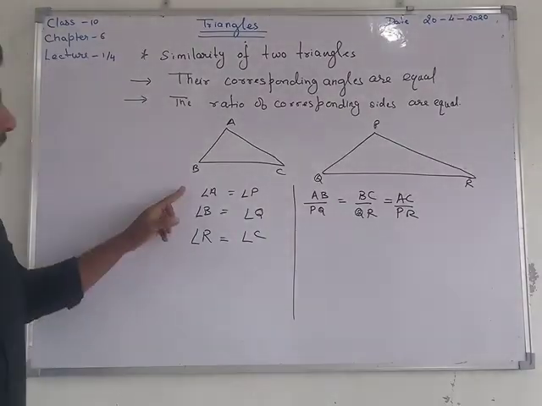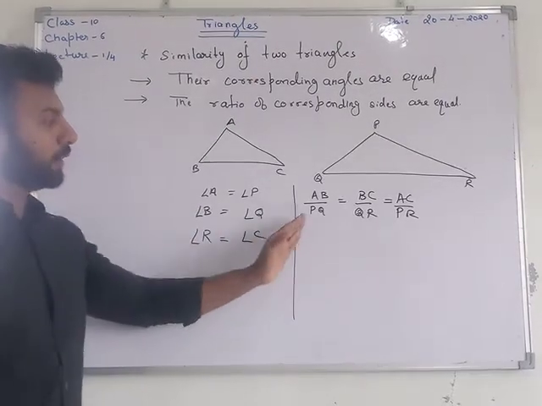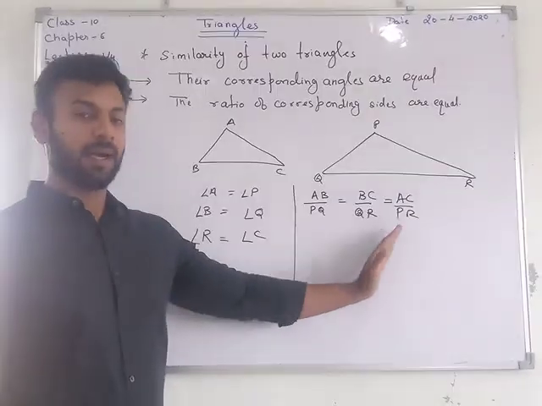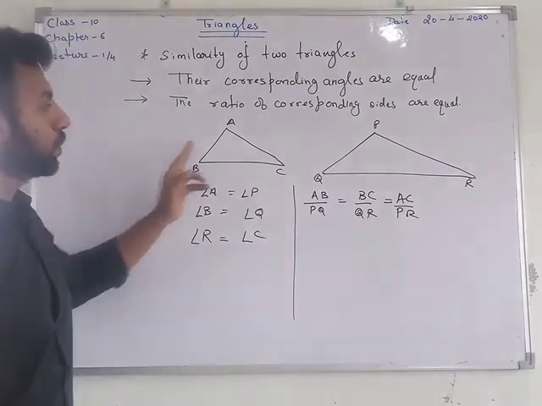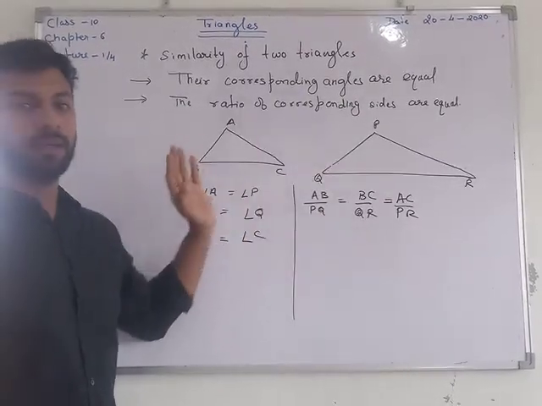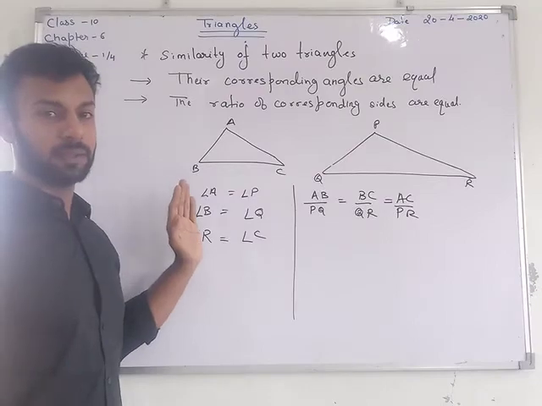If the corresponding angles are equal and the ratio of the corresponding sides are equal, then these two triangles can be said to be similar triangles.